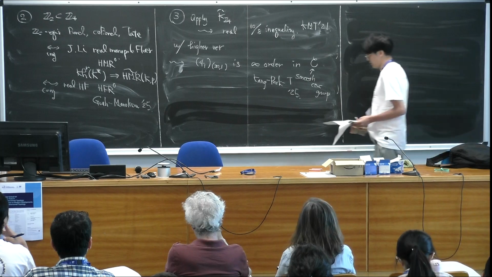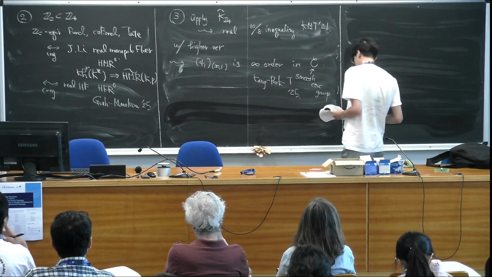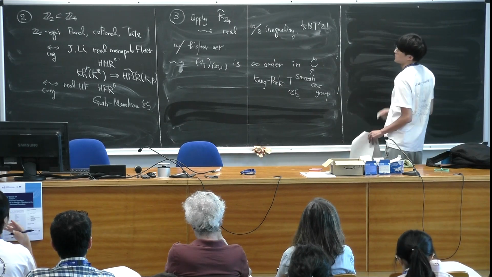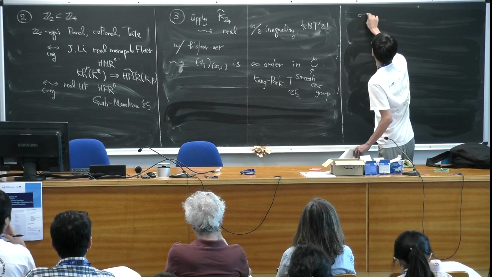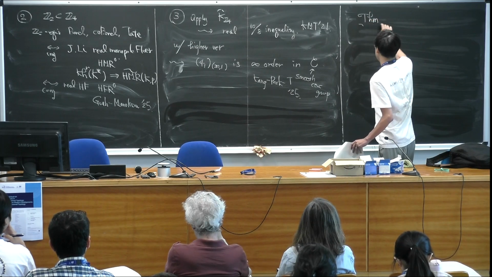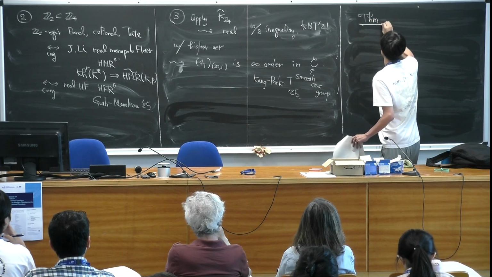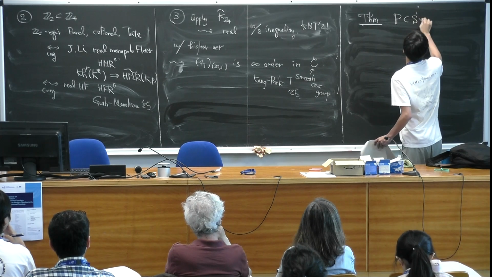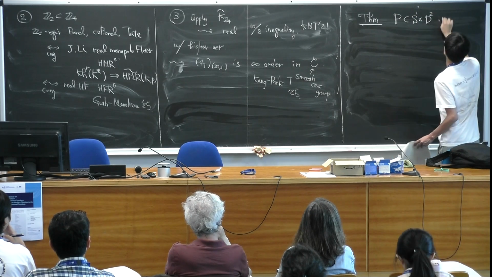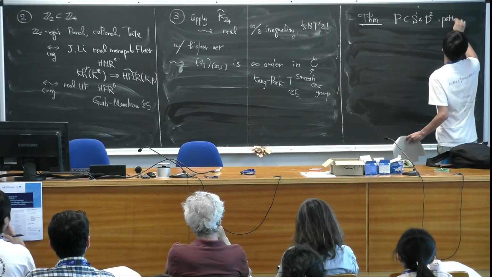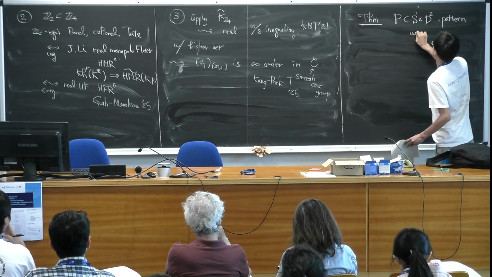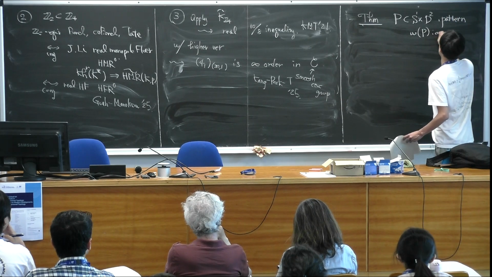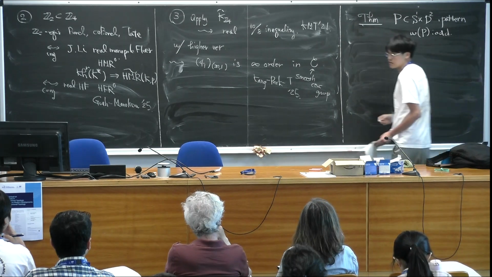Okay, now I'd like to state the main theorem, which is about a satellite formula for this real homotopy type. Let me take a pattern P, which is a knot inside S^1 times D^2, and we need to assume the winding number is odd.